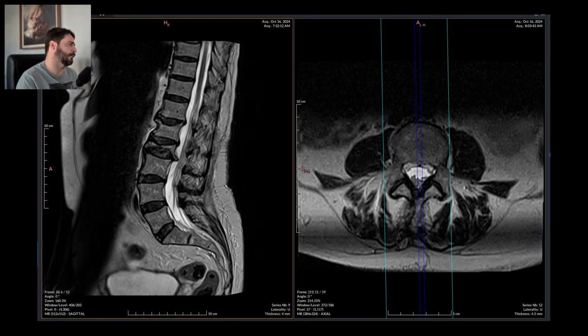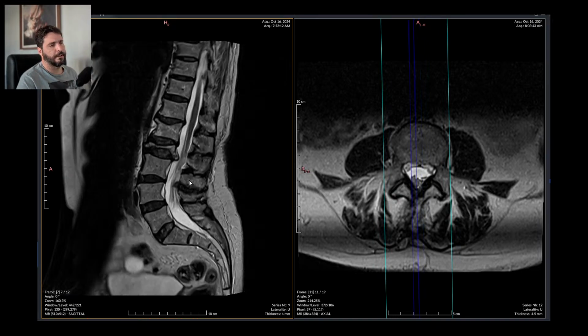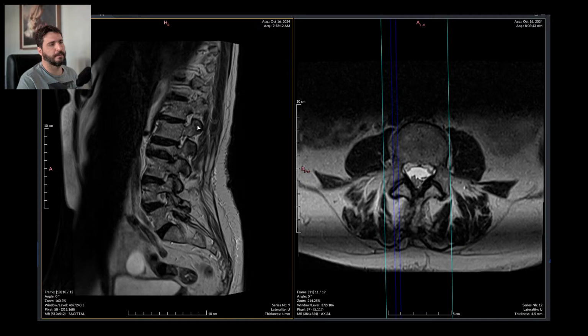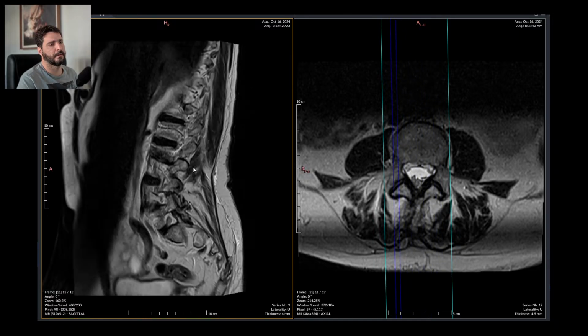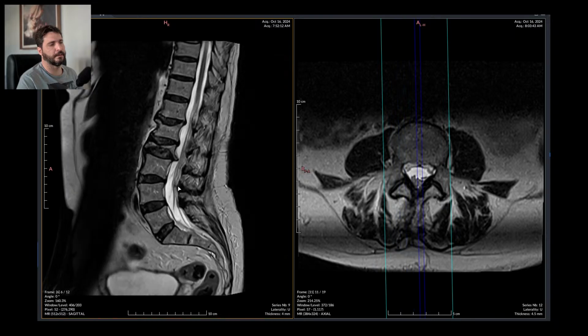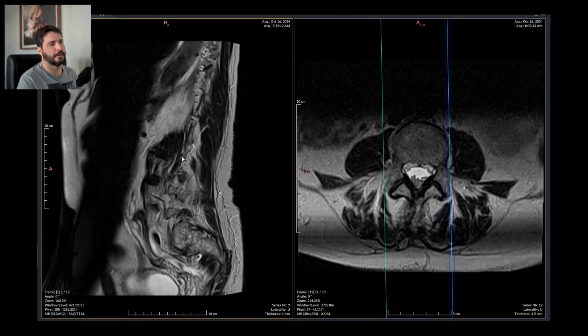So it goes all the way up to L3-L4. These are extrusions. They go all the way to the neural foramina. Yes, they do. They do indeed.